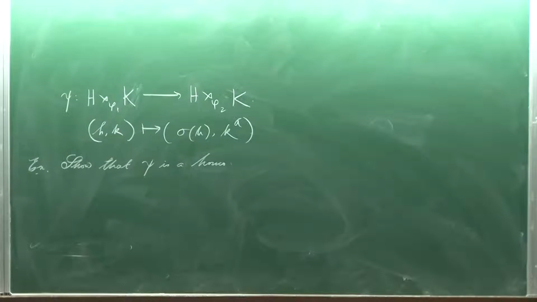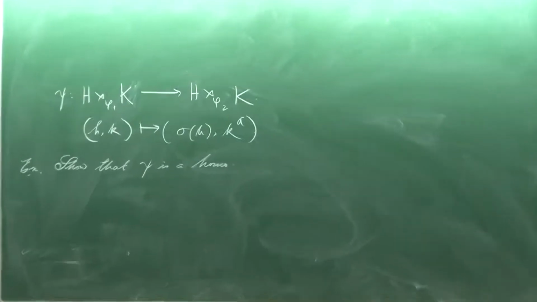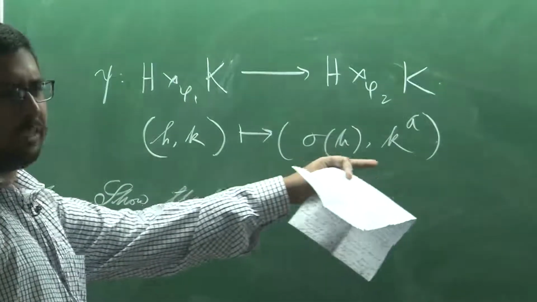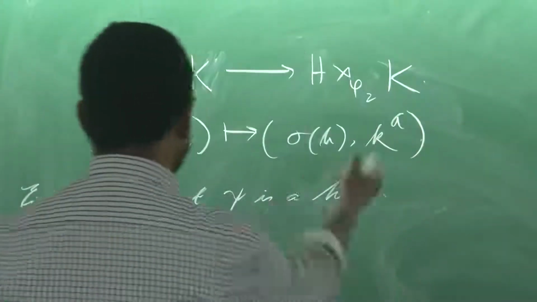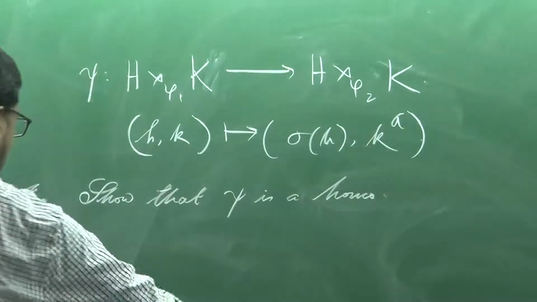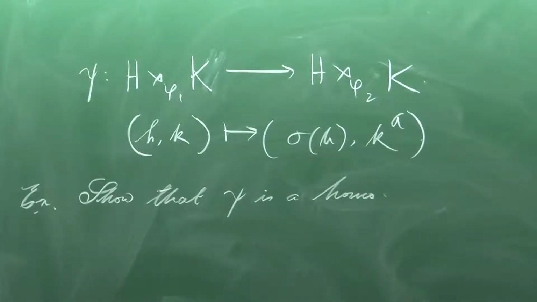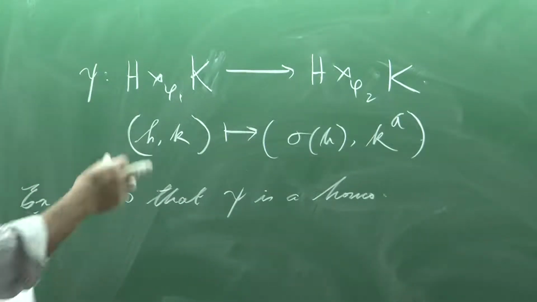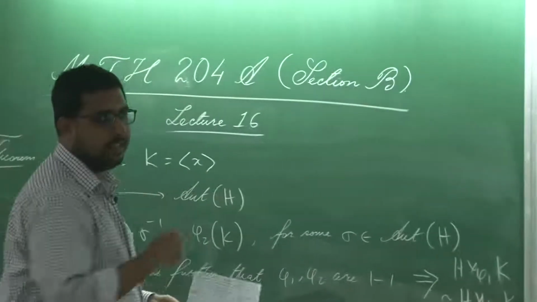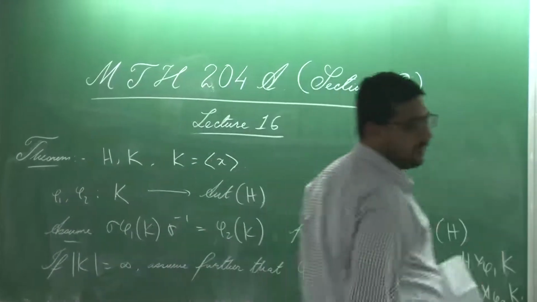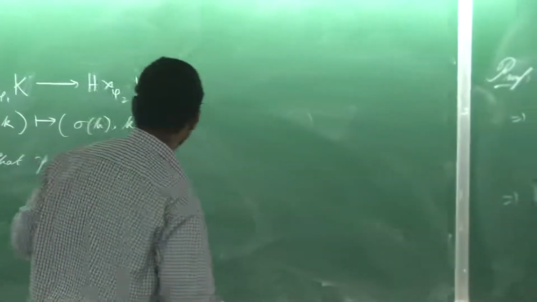We now try to show this is an isomorphism. So the checking of homomorphism is a routine verification, a direct computation, you just do it. So how do I show that this is an isomorphism? We will try to get its inverse, because here the groups might be infinite, so counting argument may not help.